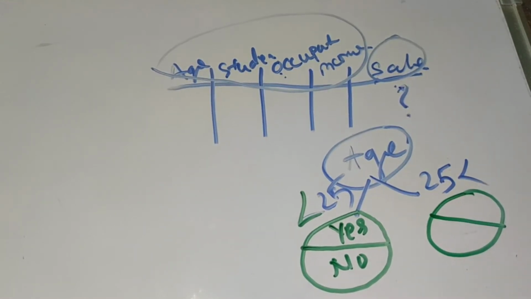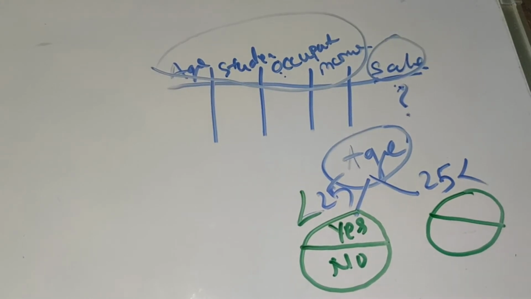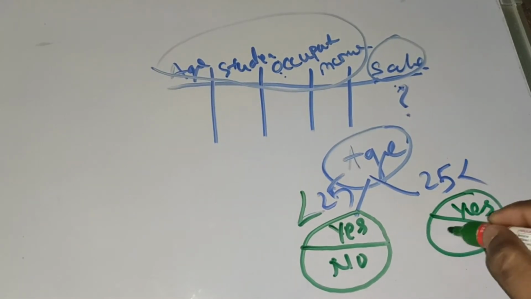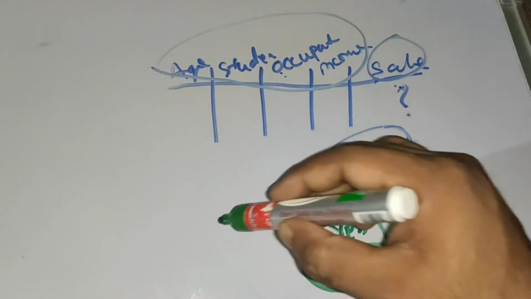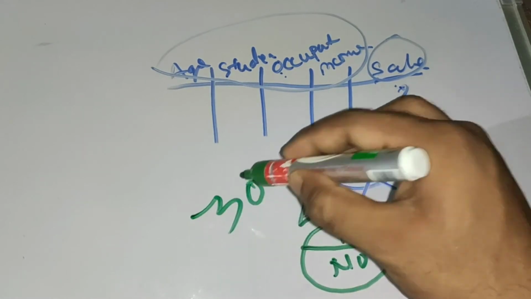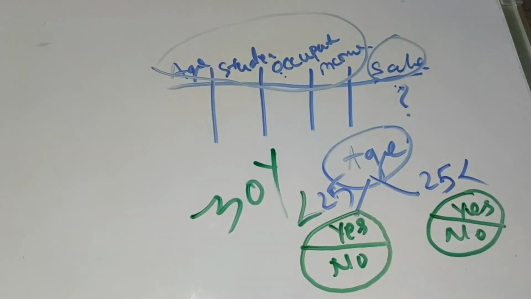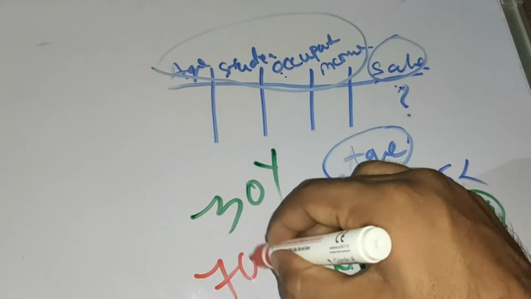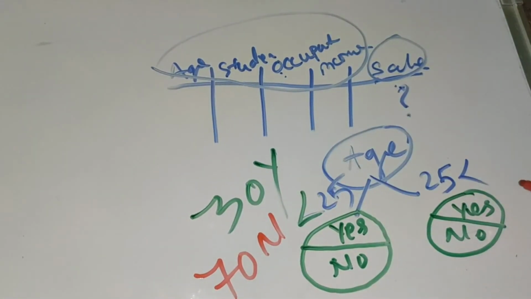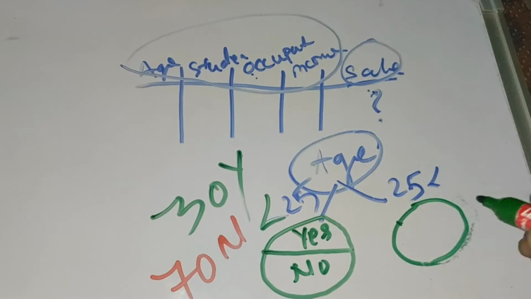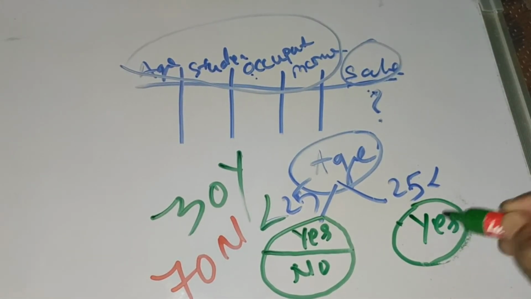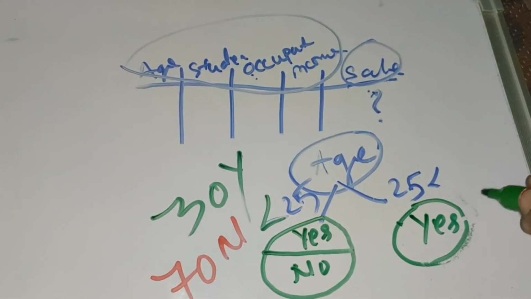In that subset also we again have to find how many yes and how many no are present. Suppose here we found 30 yes and 70 no, and here we found only yes, no no, 100% yes.